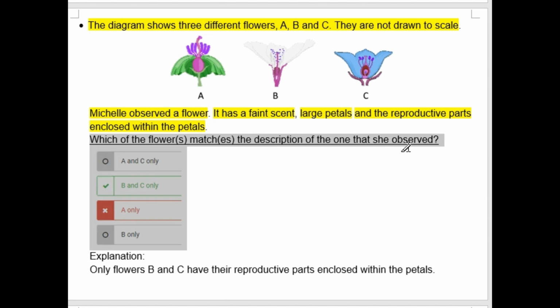Which of the flowers matches the description of the one that she observed? Explanation. Only flowers B and C have their reproductive parts enclosed within the petals.